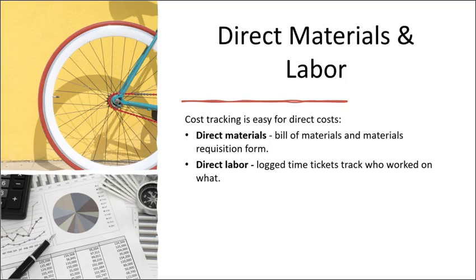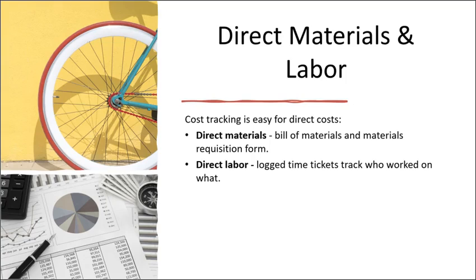First up, direct materials. Vanilla Bicycle uses a bill of materials to list what's needed for each bike. Maybe 2 tires, a frame, a seat, handlebars, etc. When they pull items from inventory, they fill out a material requisition form to record it. That way, costs are directly tied and allocated to each specific job.